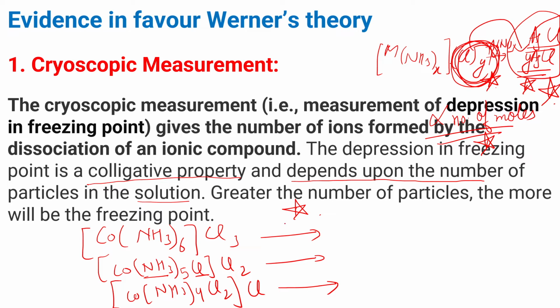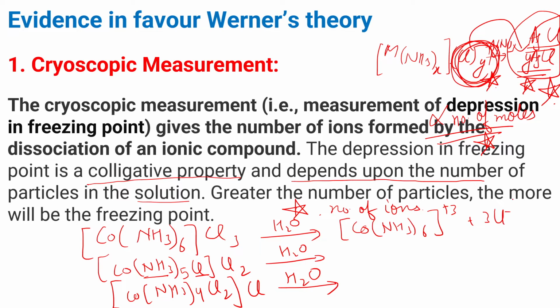So the depression in freezing point depends upon the number of ions. Count the number of ions. Let's say these are present in water, with H2O, H2O. What will be the dissociation here? Cobalt ammonia 6 3+ plus 3Cl minus.